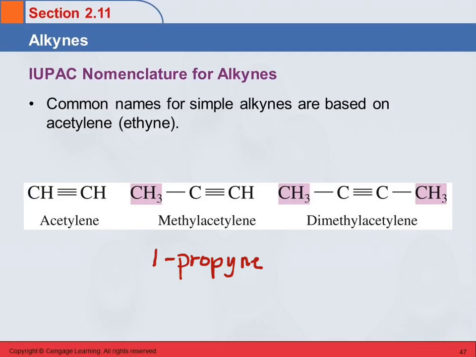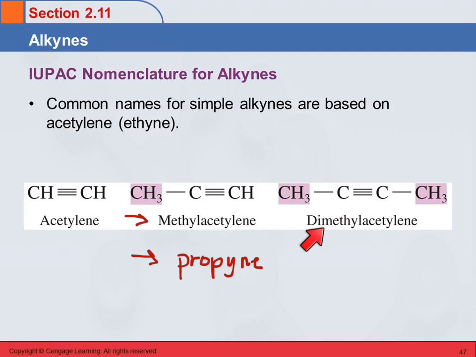If we put it over here and made this the single bond, it would still be 1-propyne, wouldn't it? So in a situation like that, we don't actually put the number because there's only one. Propyne can only have its bond in one place. So this is the IUPAC name, propyne, and this is the common name, methylacetylene.